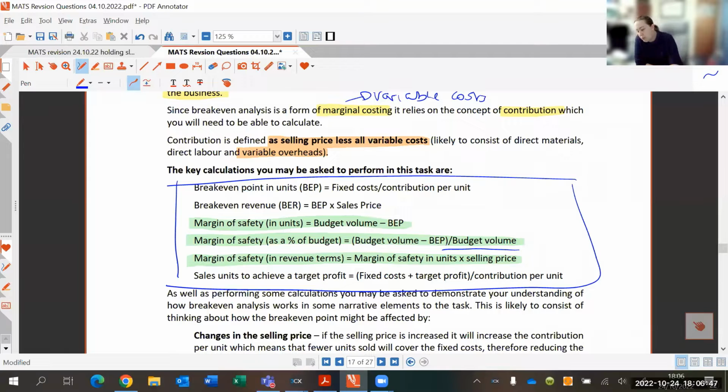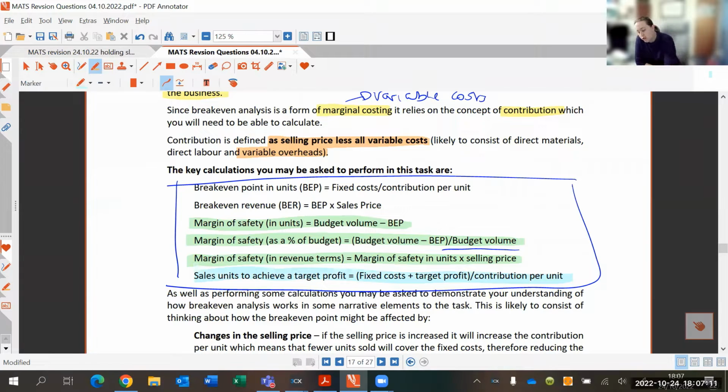The other thing that you might be asked to do, and it's a similar calculation, but it takes it a little bit differently, is, like I say, if a company wants to achieve a certain level of profit on top of these costs that they need to cover, then it might be that you're asked to work out the number of units that you're needing to sell in order to achieve that goal.